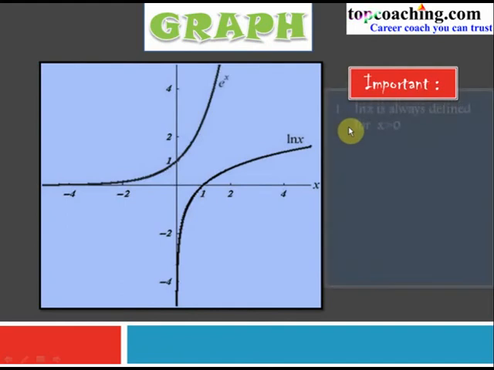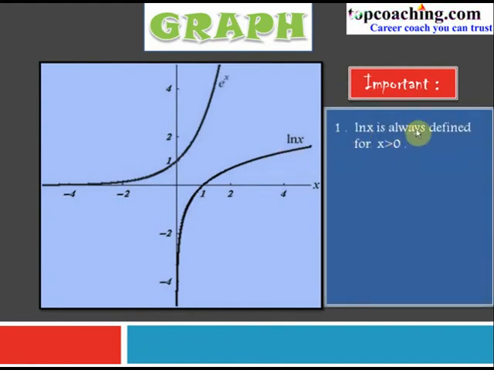Now there are some very important points that we got to note in this graph. So the important facts are ln x is always defined for x greater than 0. We have seen that log is always defined when the number is greater than 0. So for negative numbers, logarithm is not defined. And this is clearly visible from the graph of ln x. We see that when x is less than 0, this graph is not defined.